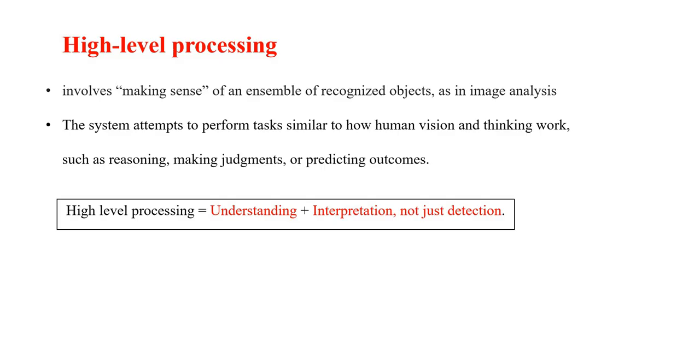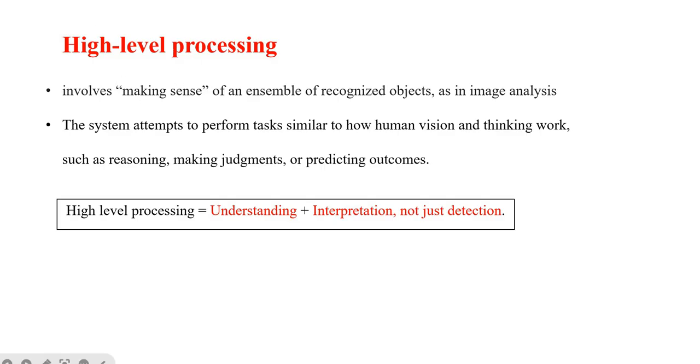suppose you have a traffic image. In low level processing, it will reduce the noise, then it will sharpen the edges, and you will get a clearer image. Then in the mid-level processing, the cars, roads and pedestrians are detected, that is, objects are detected, or you get the features, and then labeling is done.